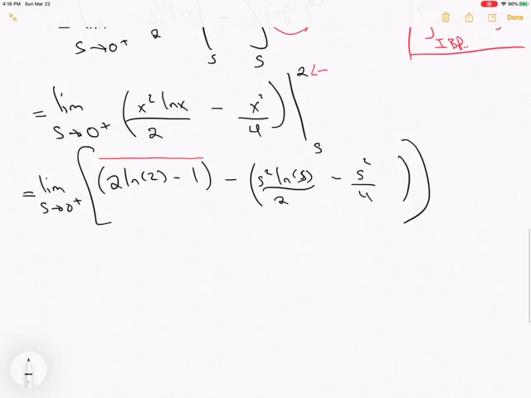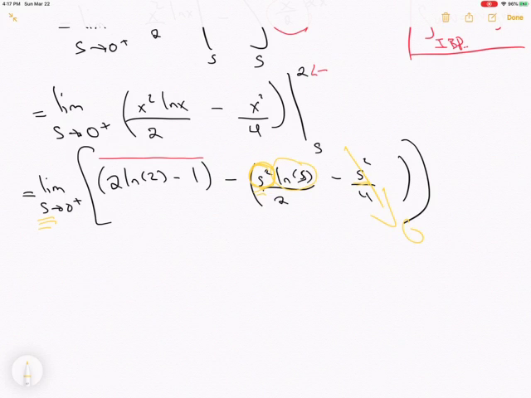So you're taking a limit over s, the only occurrences of s are right here. As s goes to 0, s squared goes to 0, so this thing clearly goes to 0. Now as s goes to 0, this part goes to 0, but natural log of s goes to negative infinity.